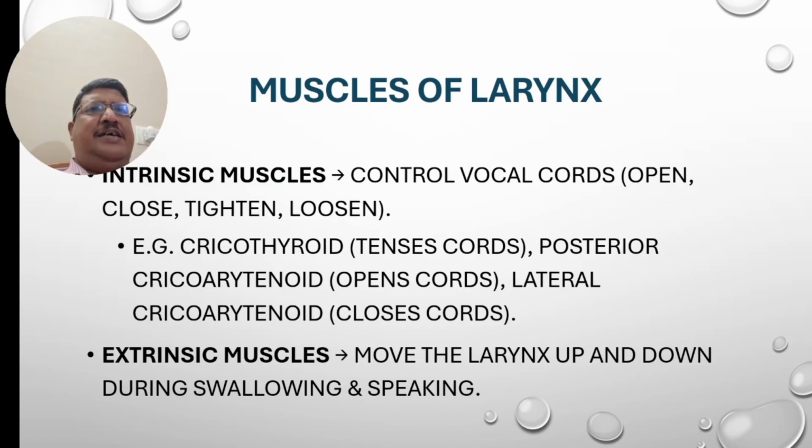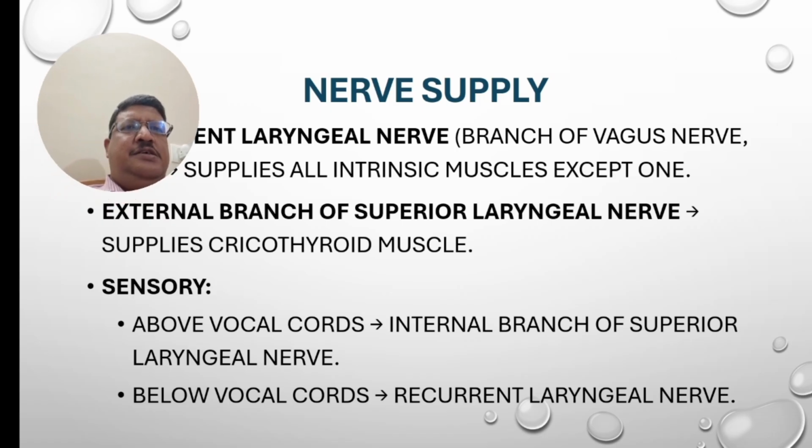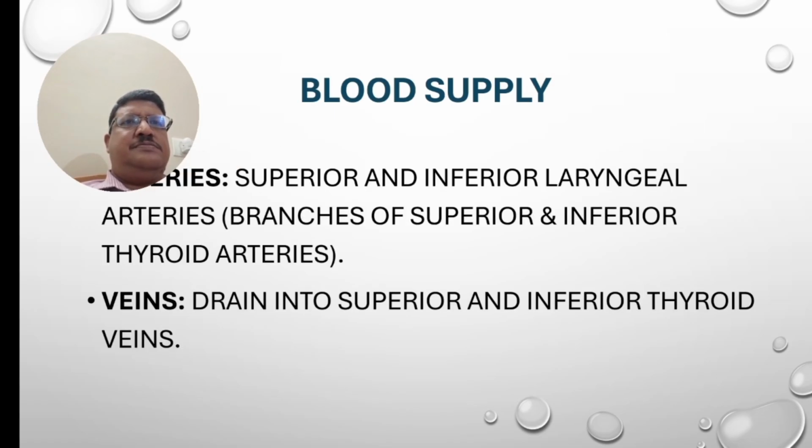This is the muscles of the larynx. Nerve supply: recurrent laryngeal nerves, branches of the vagus nerves. Cranial nerve 10 supplies all intrinsic muscles except one: the external branch of the superior laryngeal nerve supplies the cricothyroid muscle. Sensory: above the vocal cord, internal branch of the superior laryngeal nerve; below the vocal cord, recurrent laryngeal nerves.